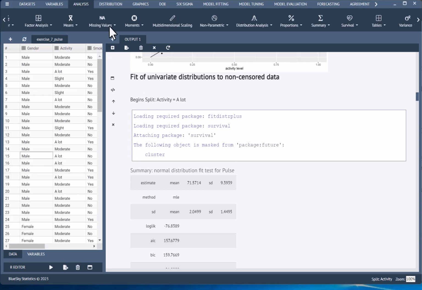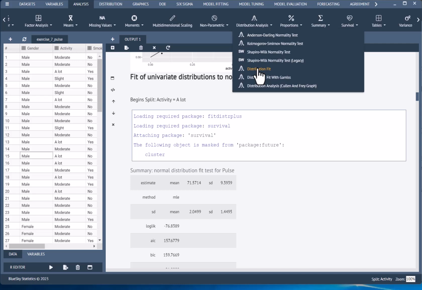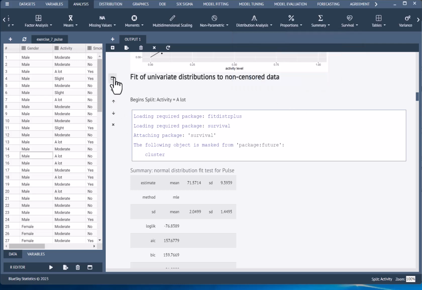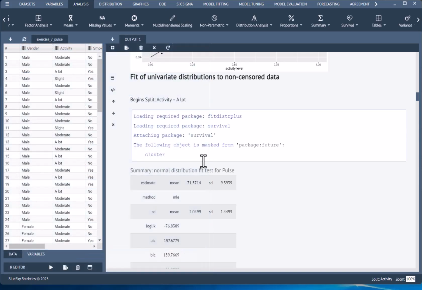To do this, go to the Analysis tab, scroll over till you see Distribution Analysis, scroll down till you see Distribution Fit, and click that. We've done this, and we just picked normal. So we want to analyze pulse to see if it's normal. Since we have the split on, BlueSky will do this analysis separately for each activity level.